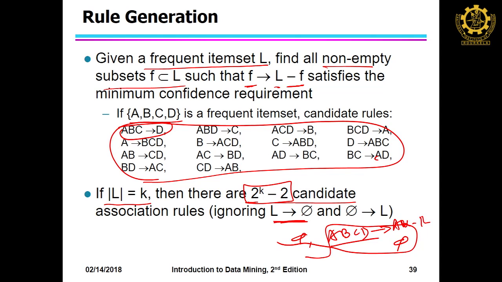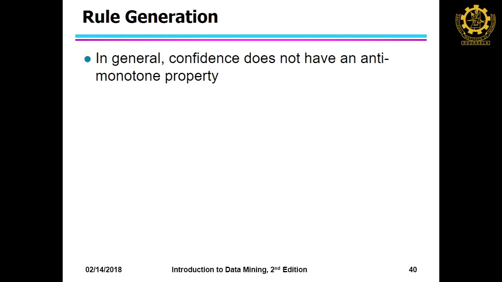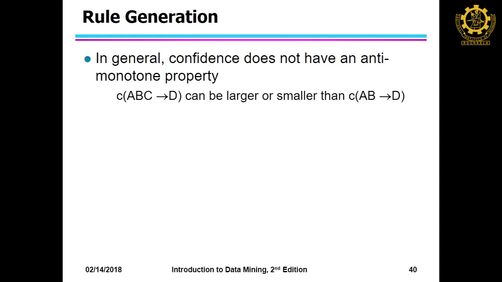After that, you have to identify which rules have high confidence, because the support is already counted, right. For each subset the support is counted, and from there you generate the rules with high confidence. But the problem is that here confidence does not have an anti-monotone property.